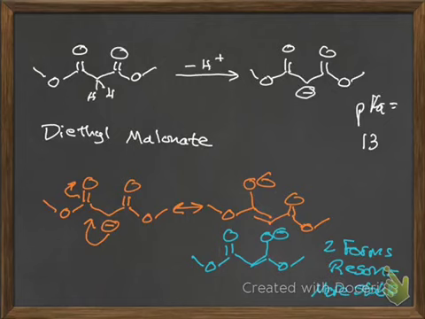All right. Couple more I want to throw at you here just because we'll be using them in the future, and that would be, what about something like acetonitrile here?